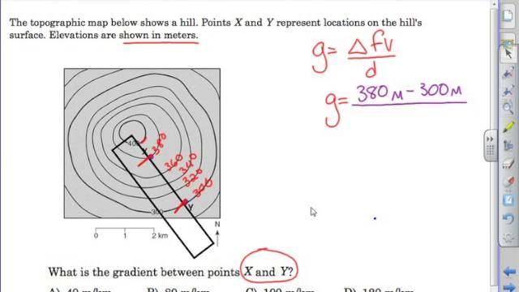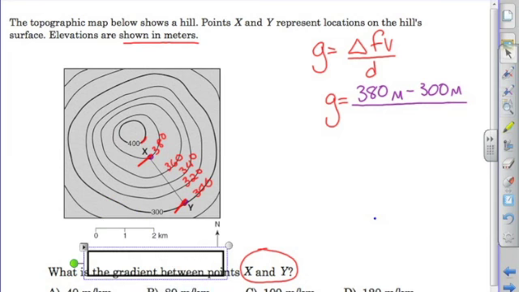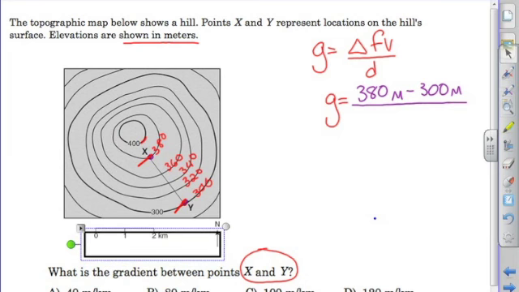The grouping isn't working, but if you were to take your scrap paper and then bring it down with the tick marks on it to the scale below, you would find that the distance between the two tick marks was 2 kilometers. So I'm going to take that information back over here and plug it into my gradient calculation.